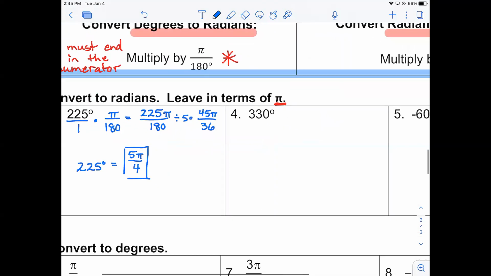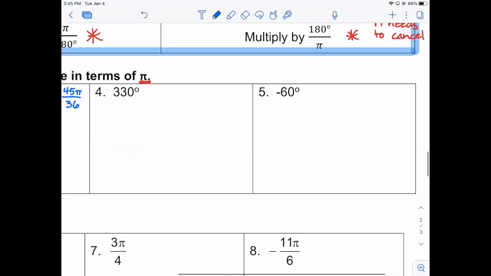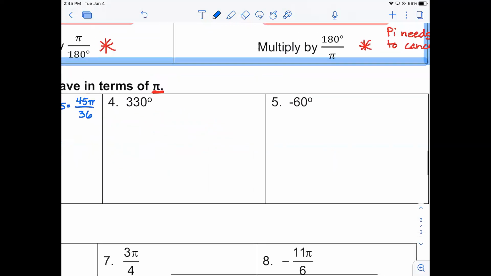Okay, so now we're going to do the same thing on this next one. We have 330 degrees, and I'm trying to convert it to radians. On all of my radians, I want the pi to end up in the top, so I know I have to multiply by pi over 180. If I multiply straight across, I get 330 pi over 180.